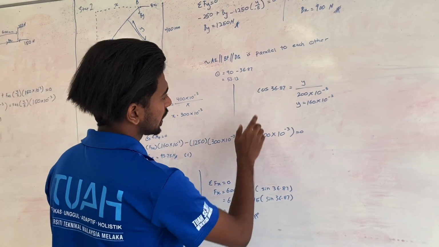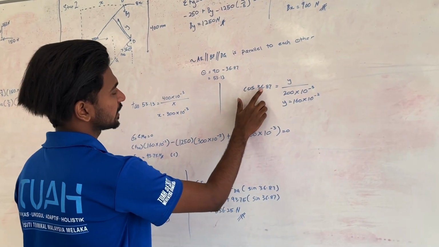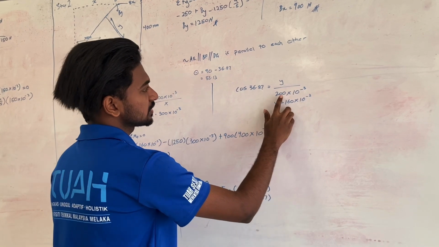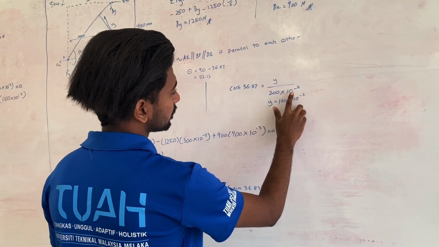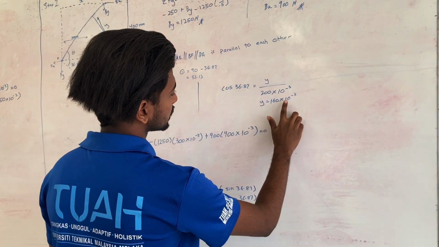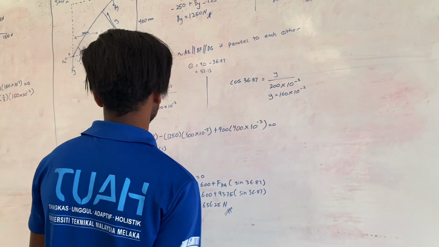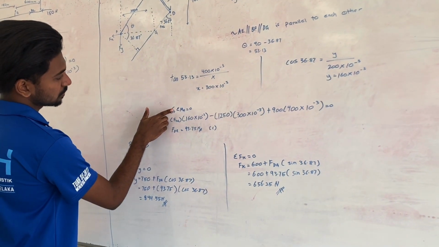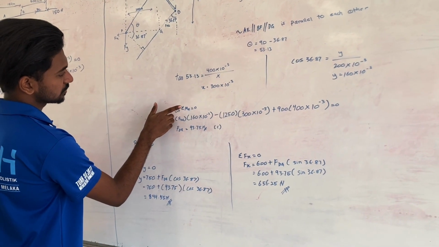For y, I'm using cos 36.87, y divided by 200 times 10 power of negative 3. So y, you got 160 times 10 power of negative 3. Anti-clockwise summation of moment on point F equals 0.